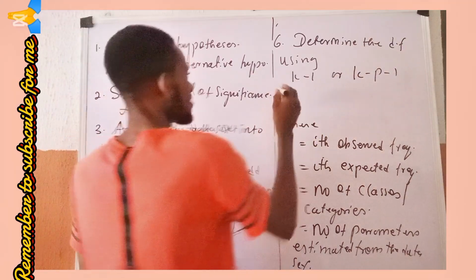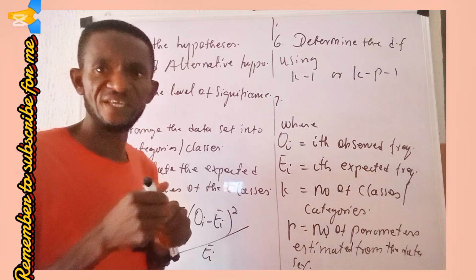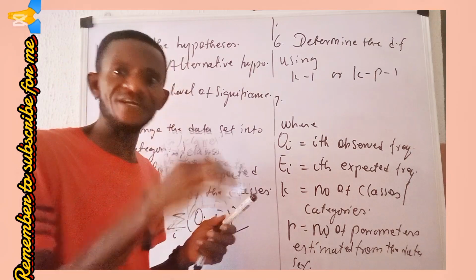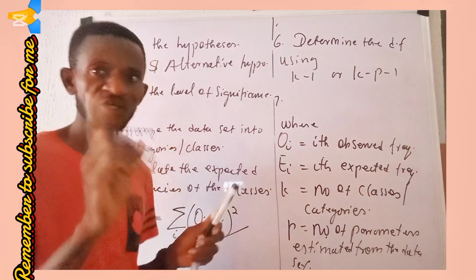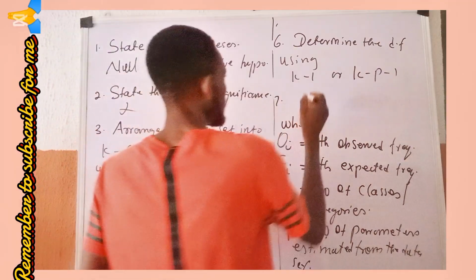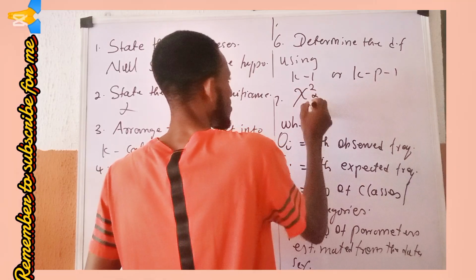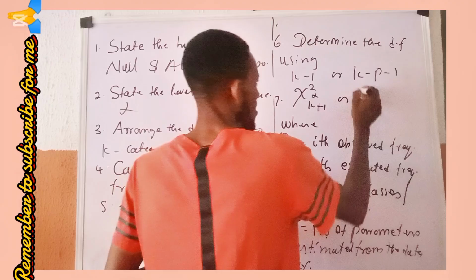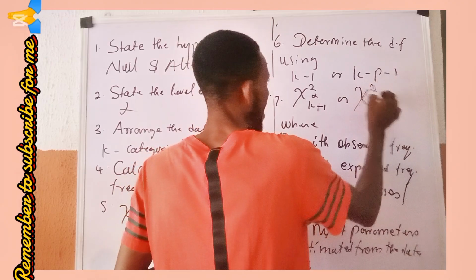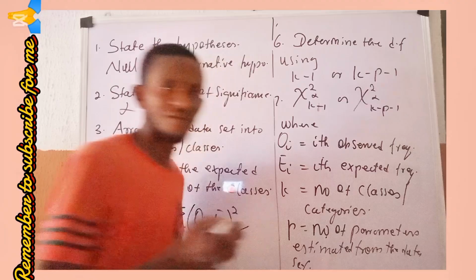What is the seventh thing we are going to do? Number 7. We now say, obtain the critical value of the chi-square goodness of fit test using the critical value. Using chi-square of alpha of k minus 1, or chi-square of alpha of k minus p minus 1.